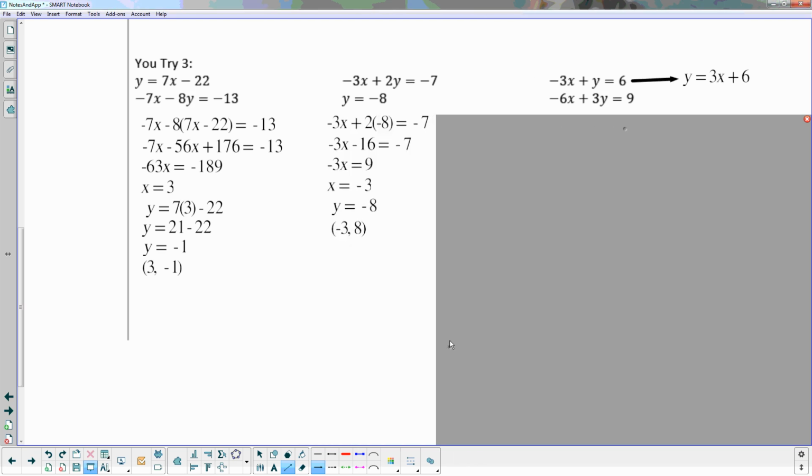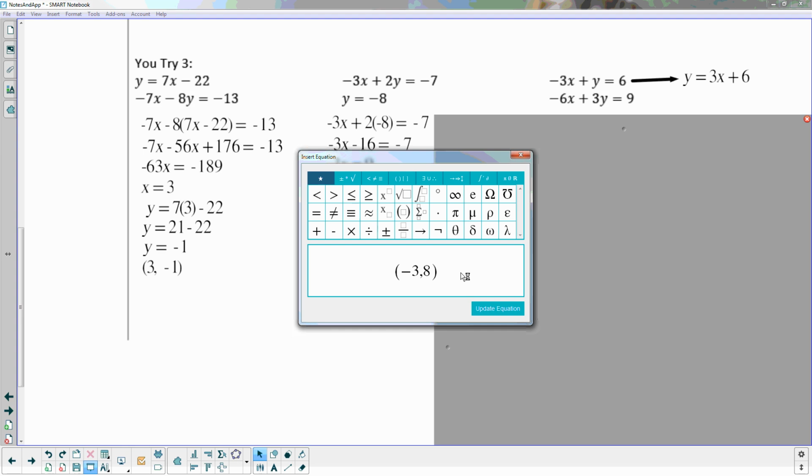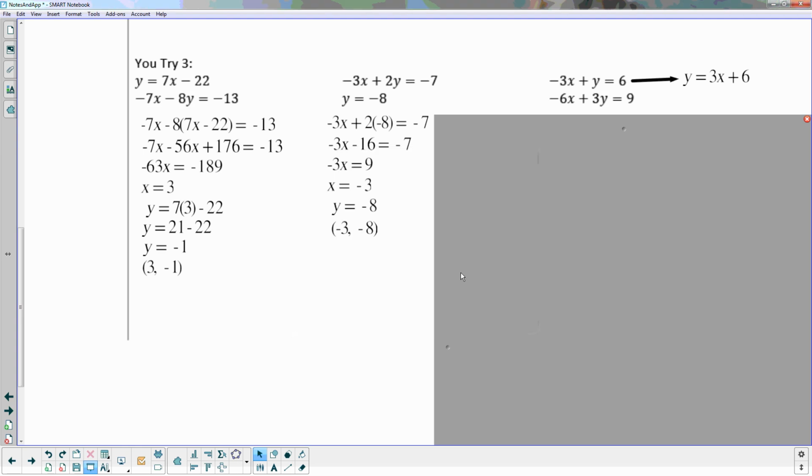My second one, hopefully that one was a little bit easier. They tell me that y equals negative 8. So with y equaling negative 8, I just plug that into the first equation, and it makes it really easy.